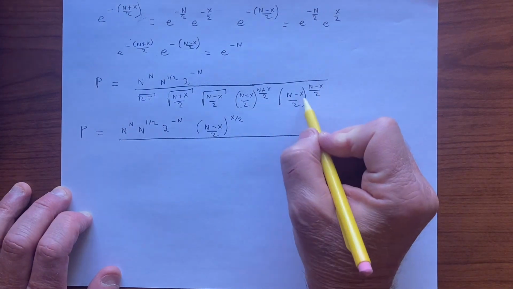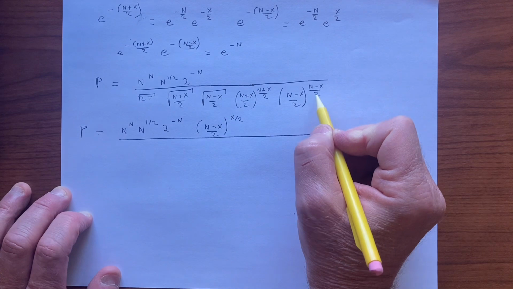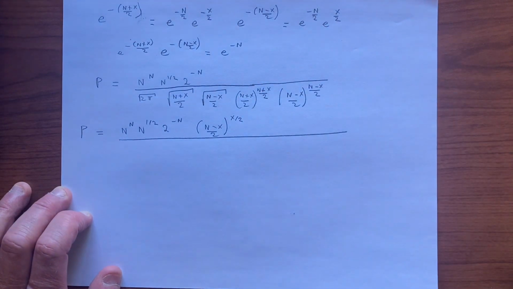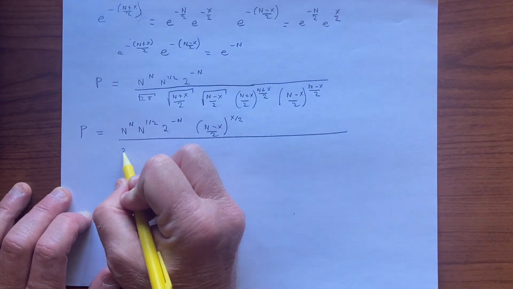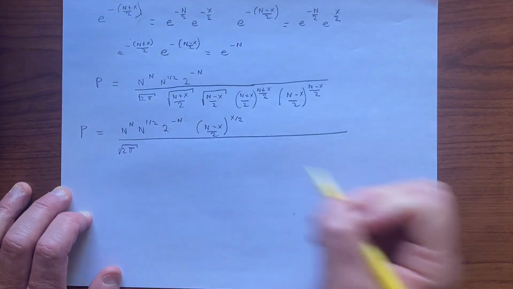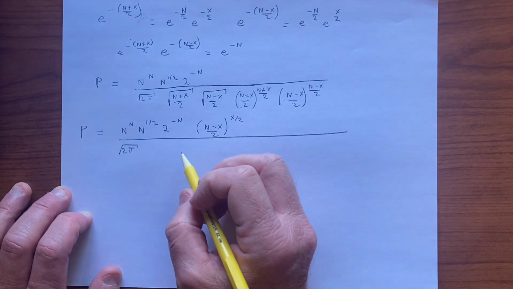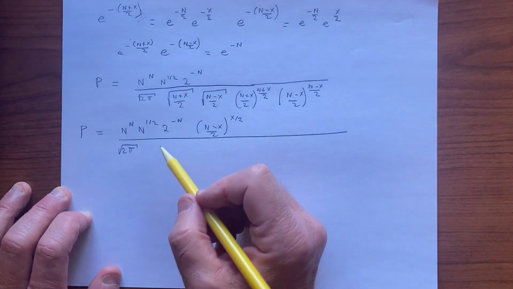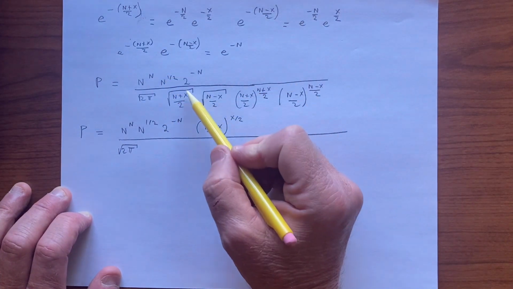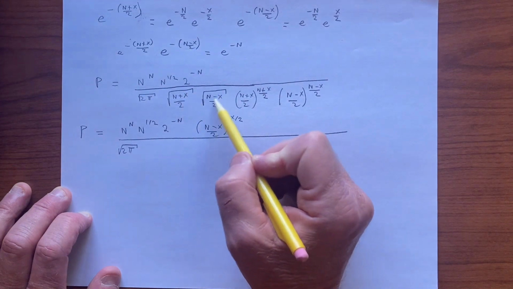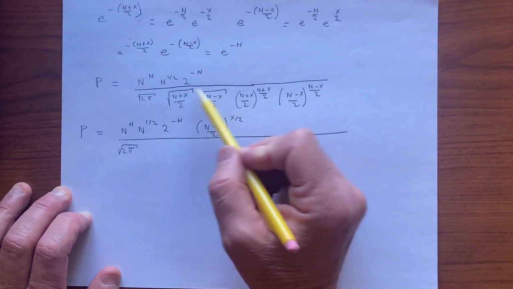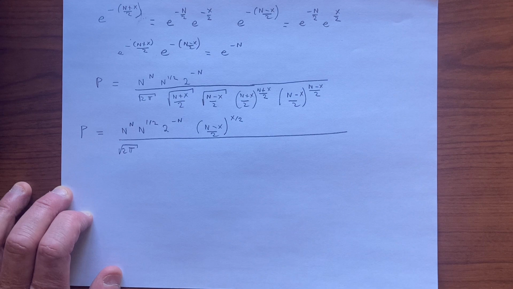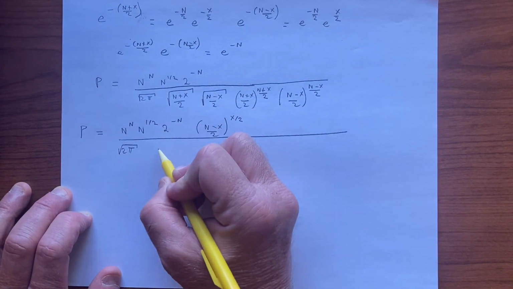I just brought this part, the part to the minus x/2, up to the numerator. Root 2 pi. We end up with (n plus x)/2 square root times this square root, all over 1 square root, and so we can square that, right? So we have a perfect square there.